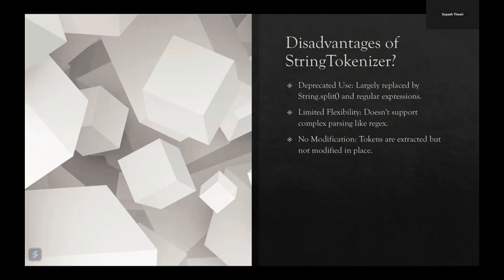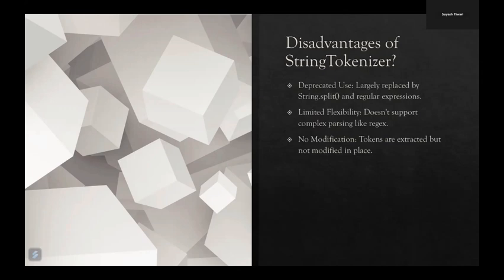Obviously there was a big disadvantage which string tokenizer had: in the case of a regular expression type of string, the string tokenizer method didn't perform well. That was one of the reasons why people were not using the string tokenizer for their programming purposes.